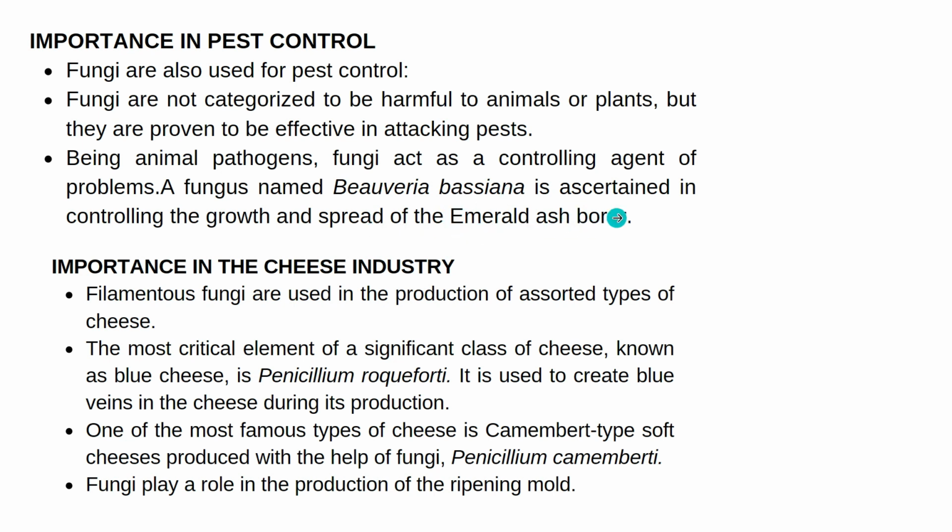It's an insect which is reported to act as a pest and affects the growth of crops. And fungi are also used in the cheese industry. Penicillium roqueforti is used in the cheese industry.